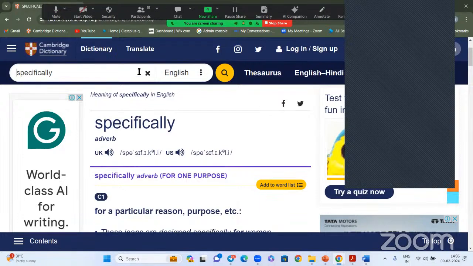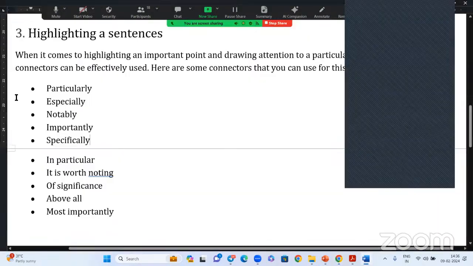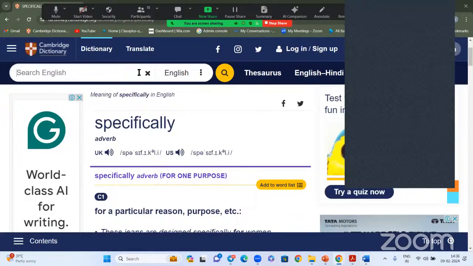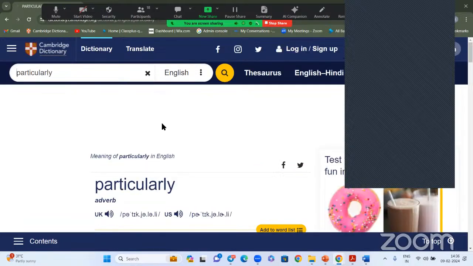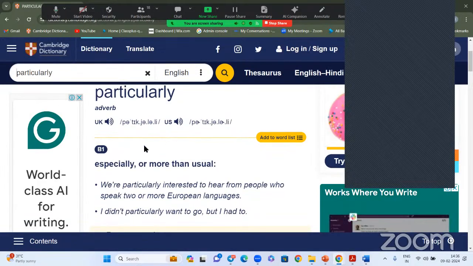Specifically is C1 vocabulary. Use it. Then next one, particularly. Particularly is B1, so use it in the second or third instance.